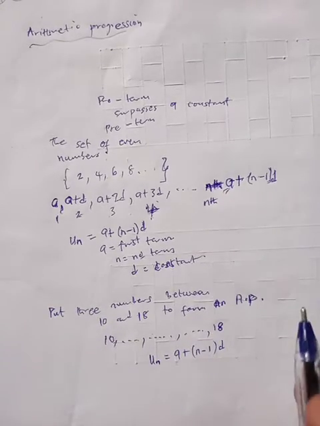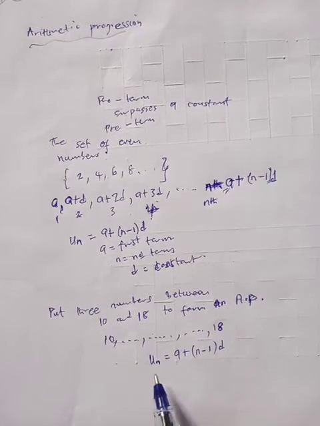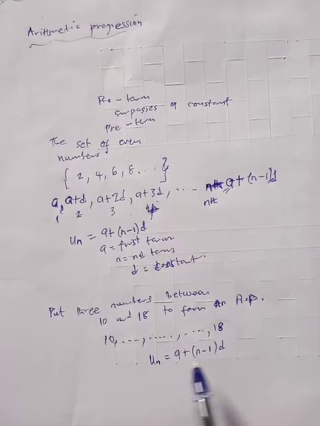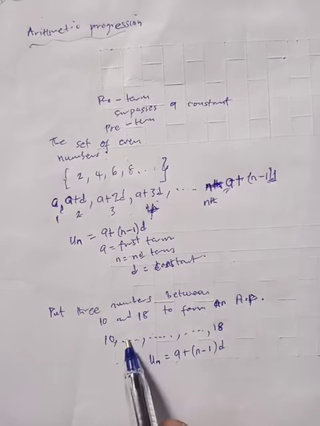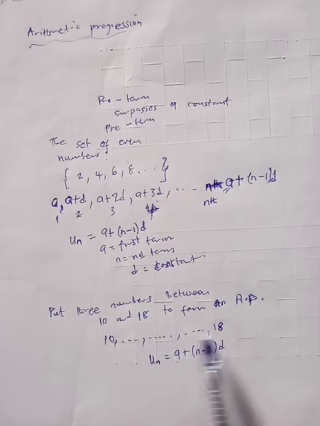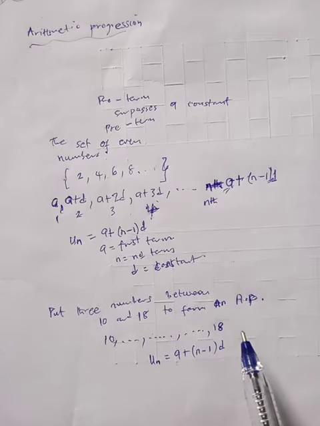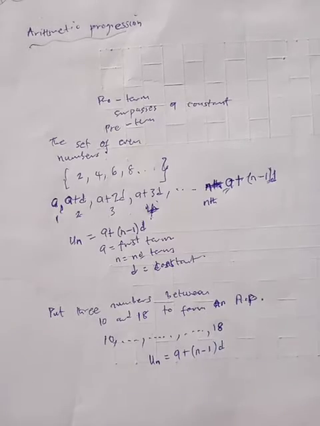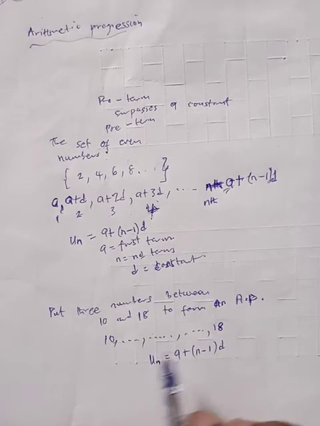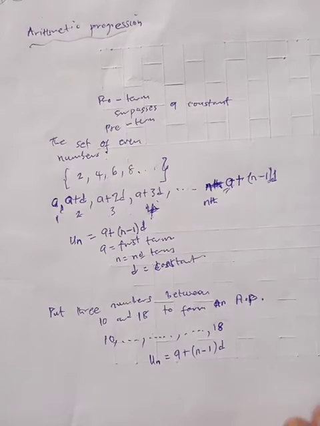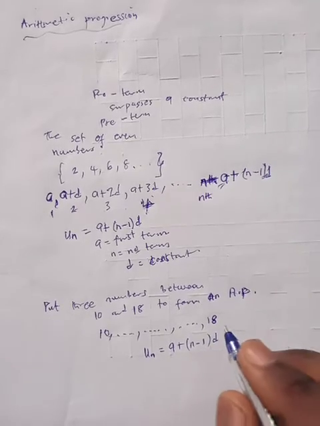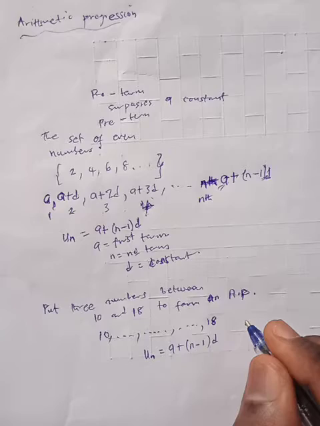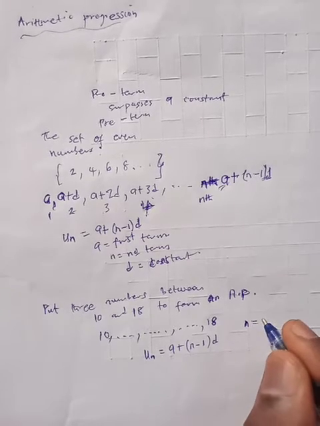Then we move on to say, okay, since un is equal to this, and we know that we are placing three numbers between 10 and 18 to get an AP, that means that we'll be having 5 terms here. Have you seen that, guys? Including the 10 and 18 will be 5 terms. That means that the 18 is in the 5th position, and that is n is equal to 5.